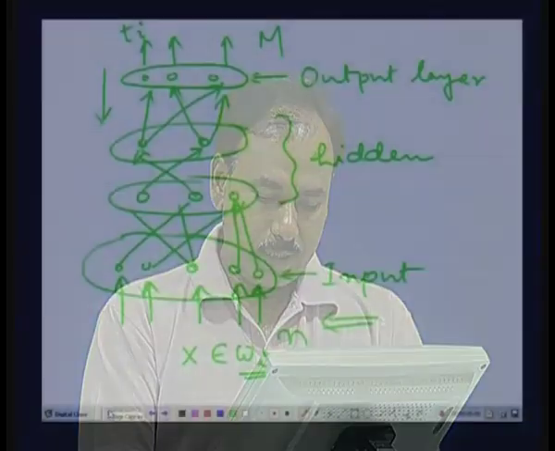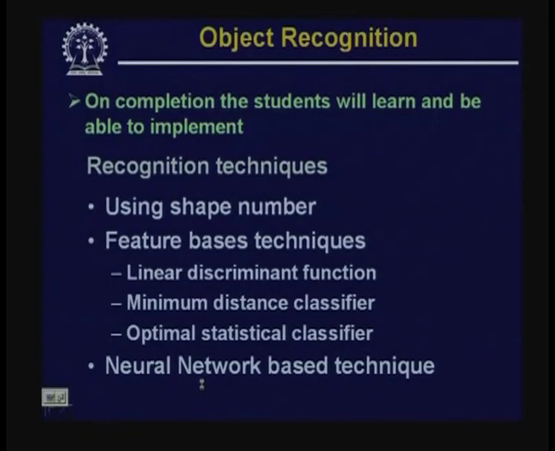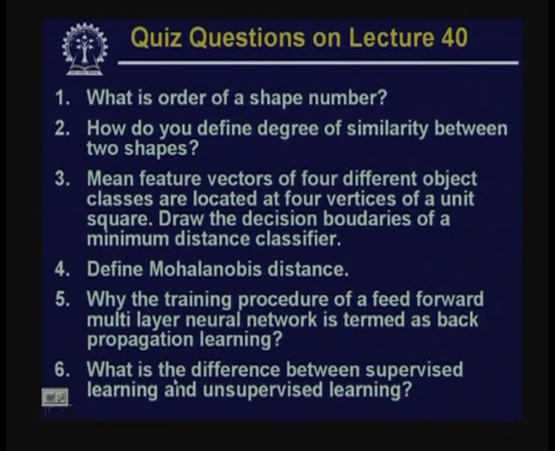Now, let us see some questions based on today's lectures. The first question: what is the order of shape number? How do you define the degree of similarity between two shapes? The mean feature vectors of four different object classes are located at the four vertices of a unit square.